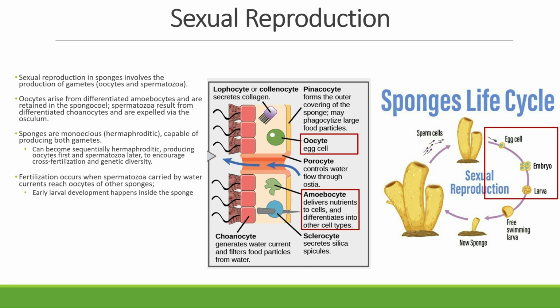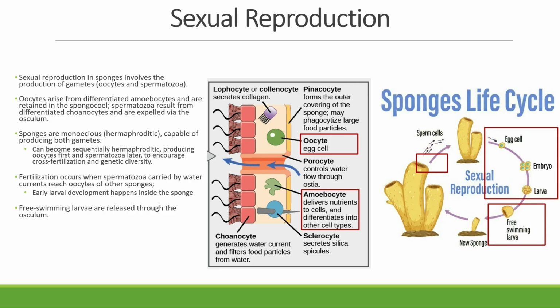When a sperm reaches an egg inside another sponge's mesohyl, fertilization occurs, and the zygote begins developing into a larva that swims freely. That larva eventually swims out through the osculum and settles on a new surface and grows into an adult sponge.